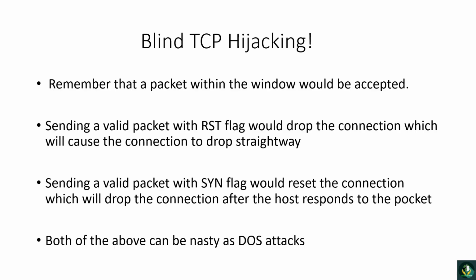So remember that a packet within the window would be accepted in this blind TCP hijacking. Sending a valid packet with an RST flag would drop the connection, so this would cause the connection to drop straight away.